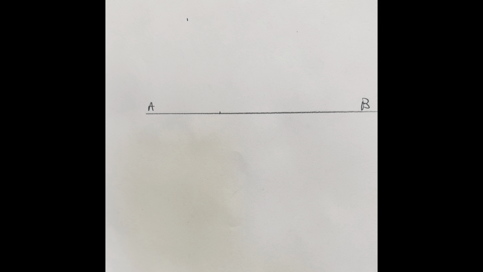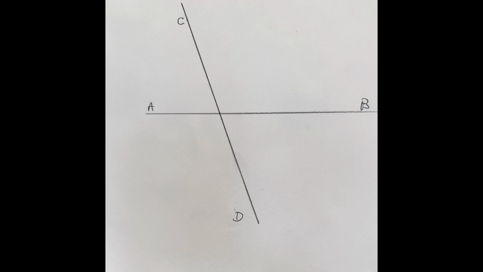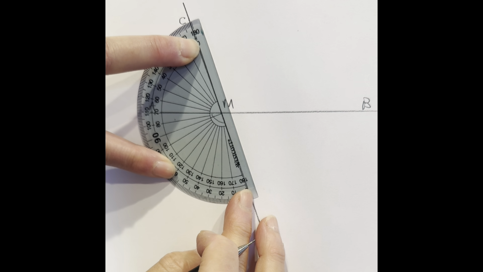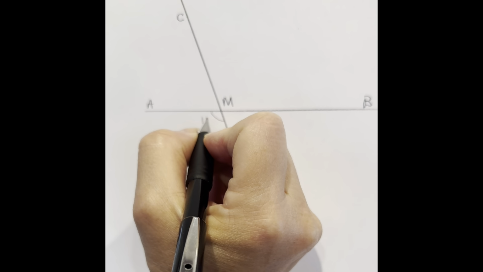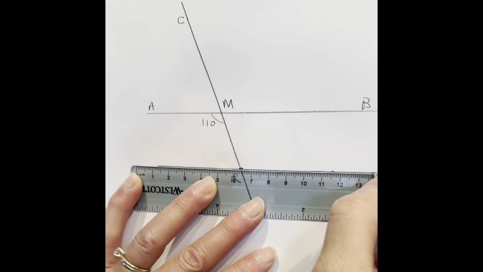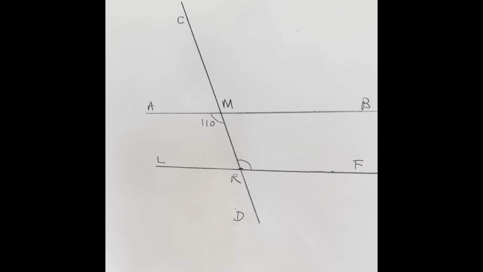Next, I draw lines AB and CD intersecting at M. And now I will measure angle AMD because I will draw a third line, LF, cutting through line CD at point R so that AMD equals MRF.